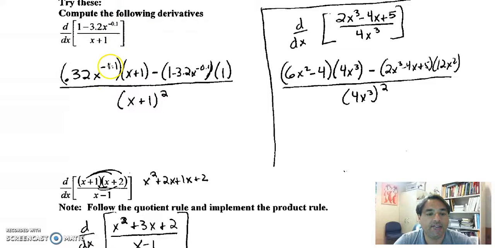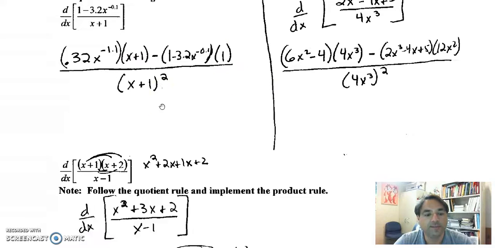Subtract 1, we get x to the negative 1.1. Times the original denominator, subtraction, original numerator, times the derivative of the denominator. Derivative of 1x is 1, derivative of 1 is 0. All over the original denominator squared. Then you would simplify the numerator, and you can simplify the denominator as well.